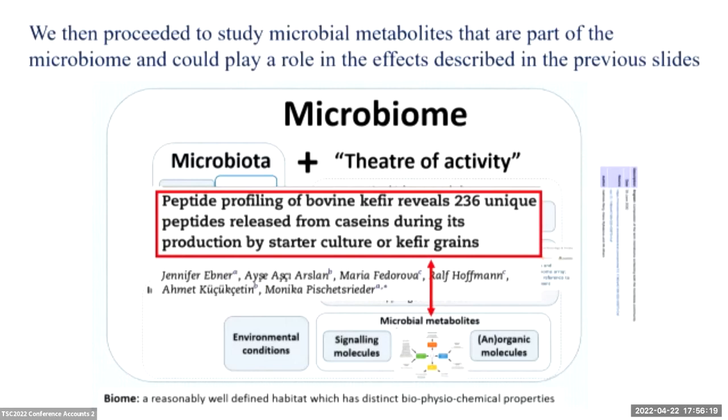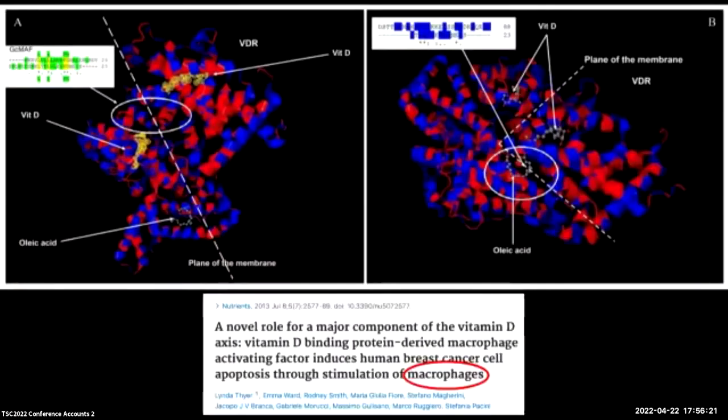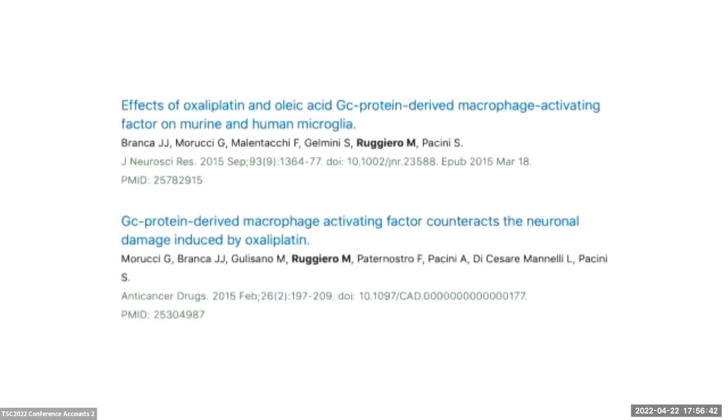And we started from a microbial metabolite that we knew very well for other reasons, because it is a powerful immune stimulator. It is a vitamin D binding protein derived macrophage activating factor, also known as GC-MAF. We were studying this peptide in the context of chemotherapy, and in particular of chemotherapy with oxaliplatin, which is known to cause neuronal damage.